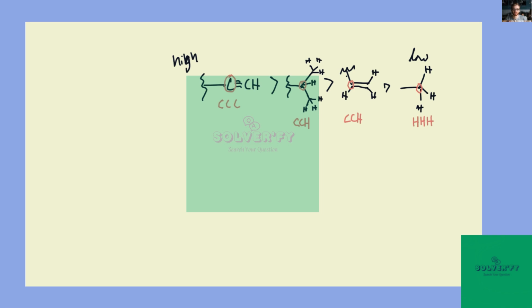Okay, so the next thing we do is compare the highest priority group from each of the new lists we've created. We say carbon versus carbon versus carbon versus hydrogen. Hydrogen is a loser, so we know that this is the lowest priority. So we're going to call this 4 for the lowest. But now we've still got a tie, right?